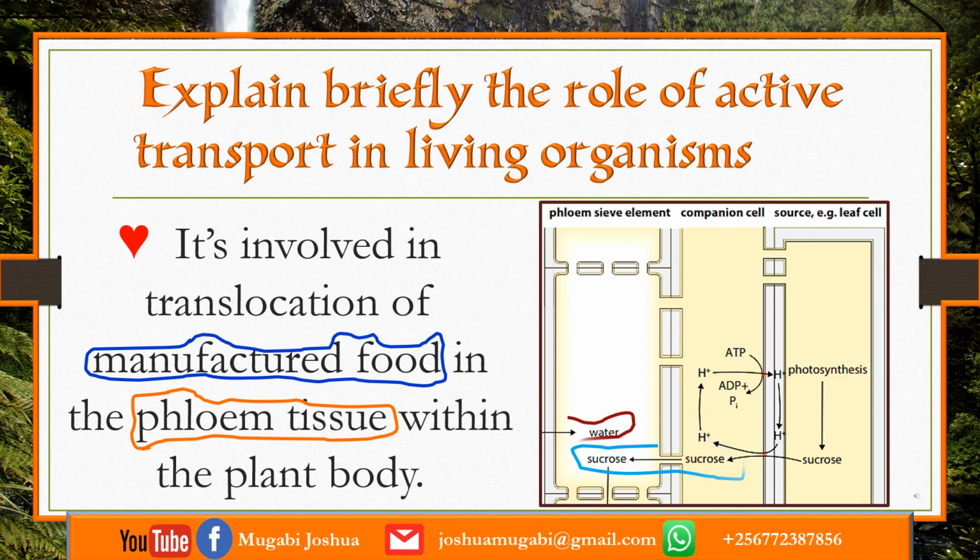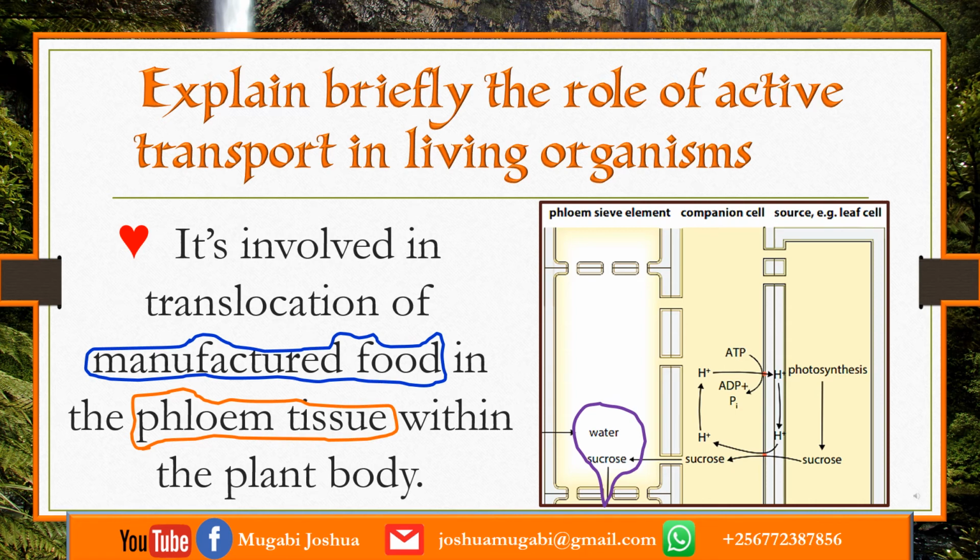And when that happens, water moving from neighboring cells entering into the phloem sieve, then we are going to have a mass of sucrose mixed with water, and then they will start flowing through the sieve pores by mass flow.